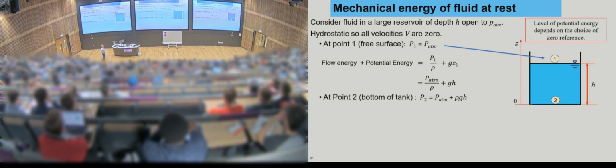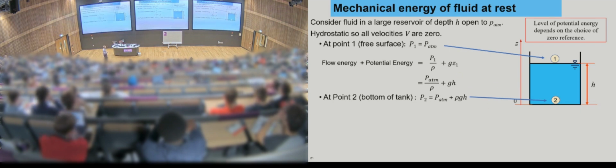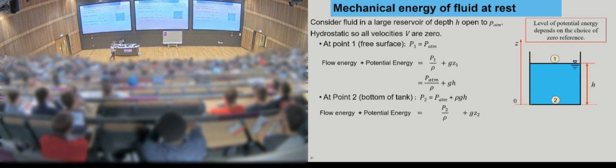If I look at point 2 now, at the bottom, the pressure at point 2 must be atmospheric plus the pressure due to the height of water h above that point. So that must be atmospheric pressure plus rho GH. So my flow energy plus my potential energy is equal to P2 upon rho plus GZ2.